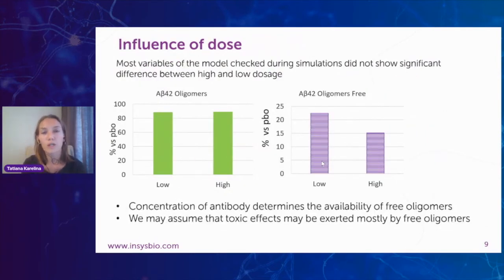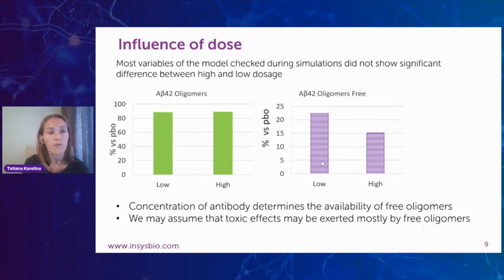To be able to capture the difference between low and high dosing, we also screened different variables in our model, variables related to tau or A-beta pathology or neuronal homeostasis. And regarding the difference between this low and high dosing regimen, there was no significant difference for most of the model variables.